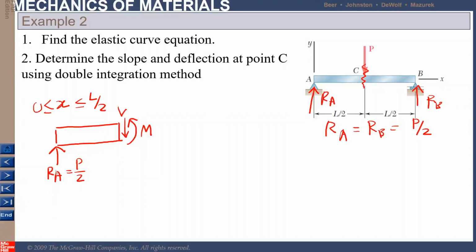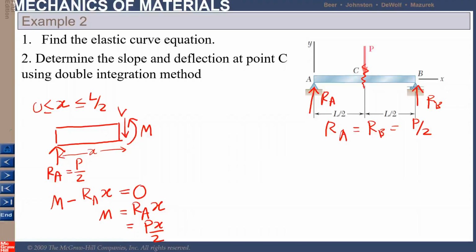You should be able to find it using equilibrium: M minus RA times x is equal to 0. So M is equal to RA times x, which is just Px/2. We will use this value of M in order to find our elastic curve equation.